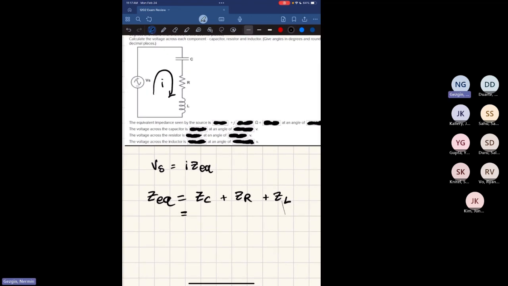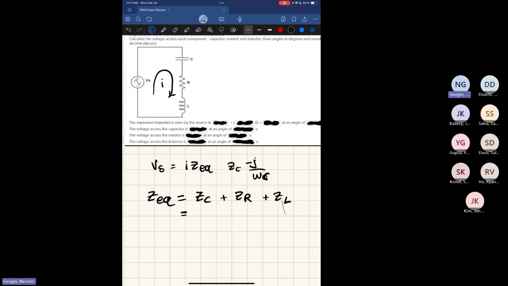Now for the impedance of the capacitor, this is where you just have to remember stuff. For Zc, you might have heard of either minus j over wC.